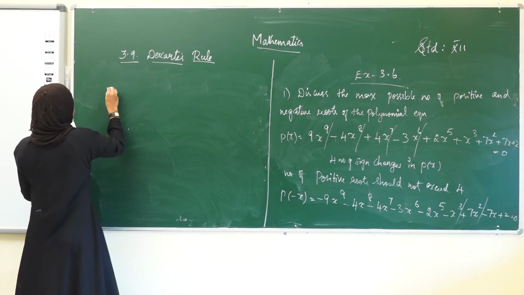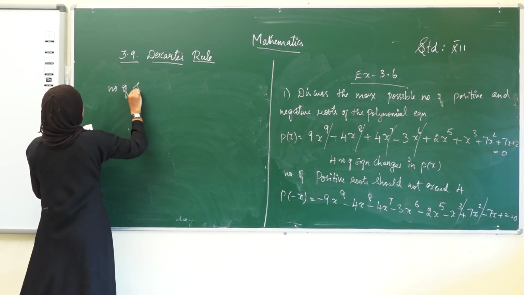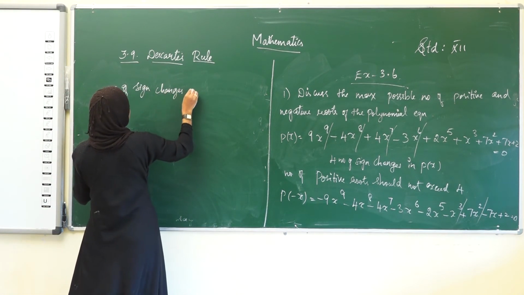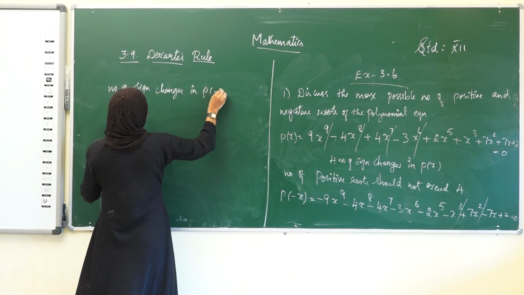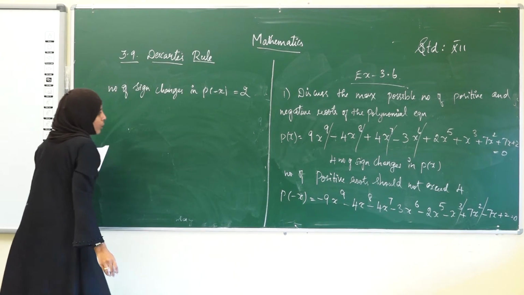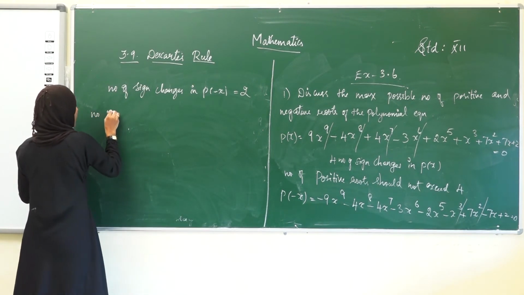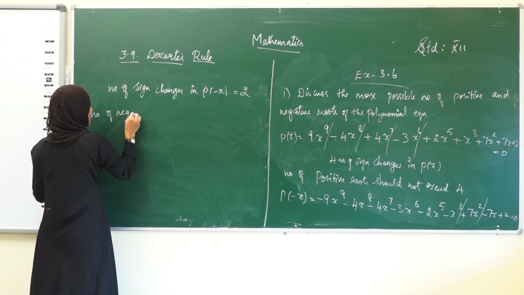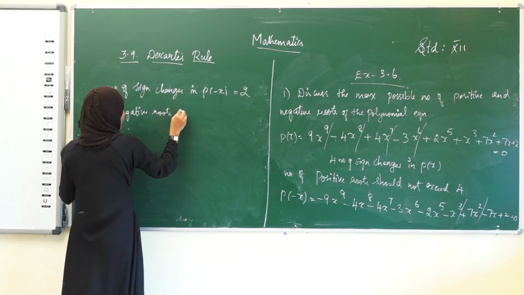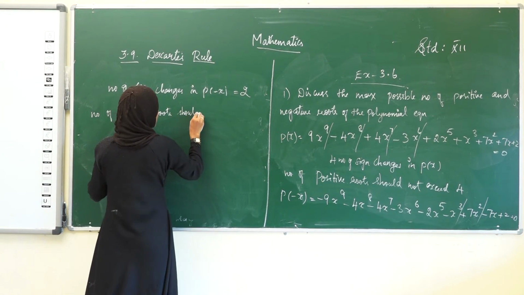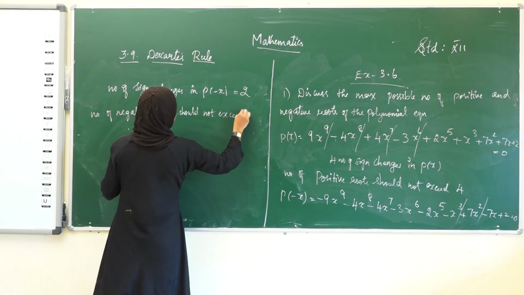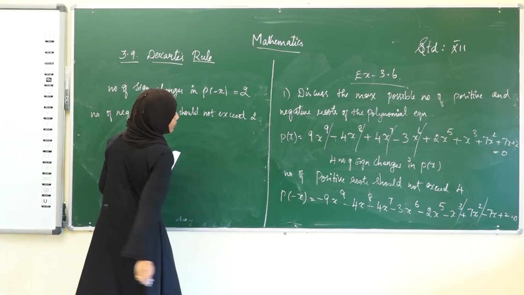Since the number of sign changes in p of minus x is 2, the number of negative roots should not exceed 2.